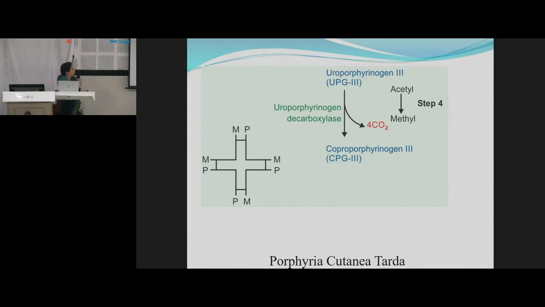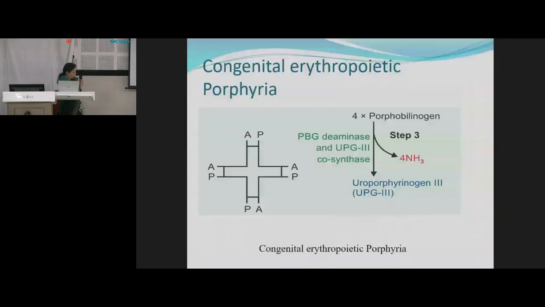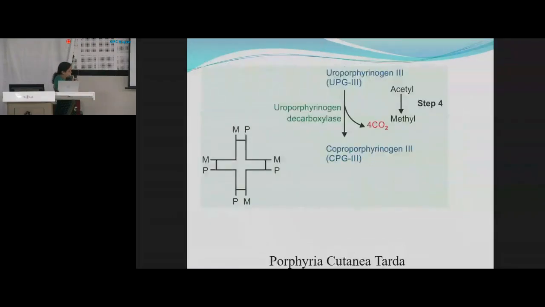So now here uroporphyrinogen is getting converted to coproporphyrinogen. So what is the difference? The acetyl group is now replaced. So first there was acetyl group in case of uroporphyrinogen, which is replaced by the methyl group in case of coproporphyrinogen. So there will be MP, MP, MP and PM.